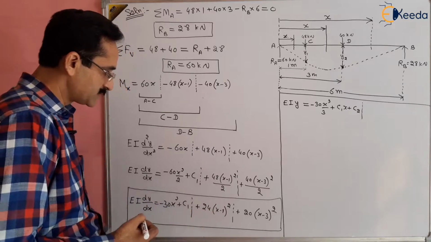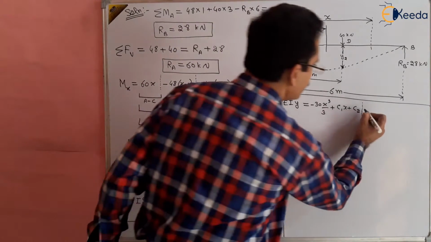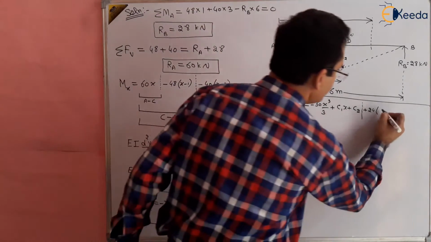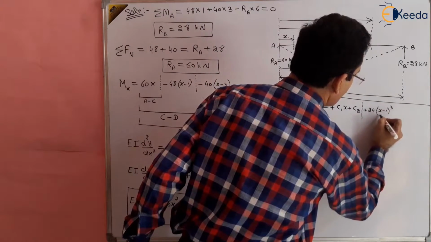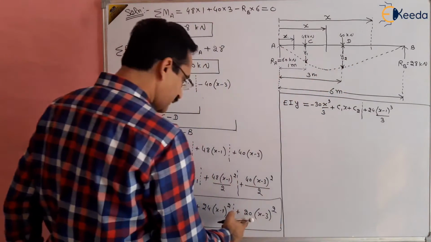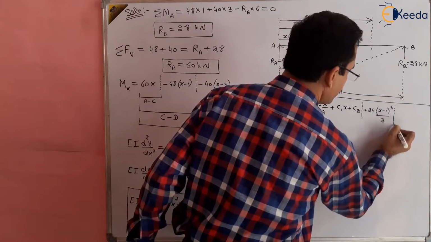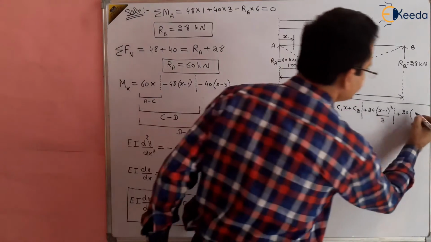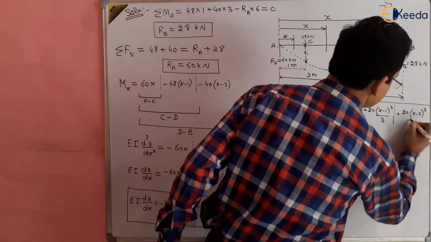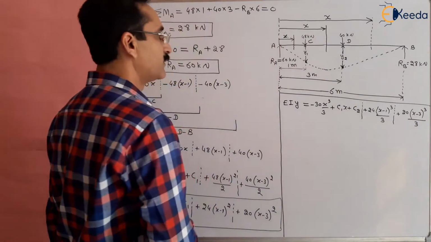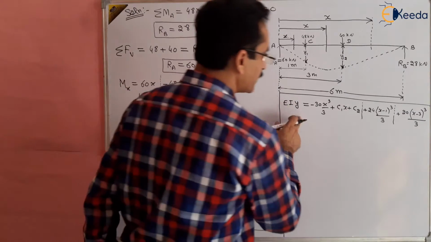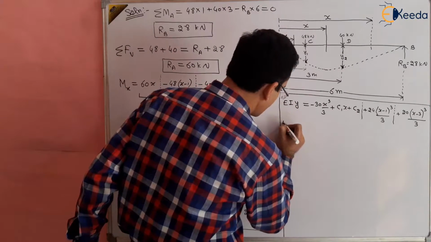Then the integration of this: 24 x minus 1 cube by 3, and then the integration of this: x minus 3 cube by 3. So this is the integration of the slope, right? And we will get the deflection now. So what is the deflection now?